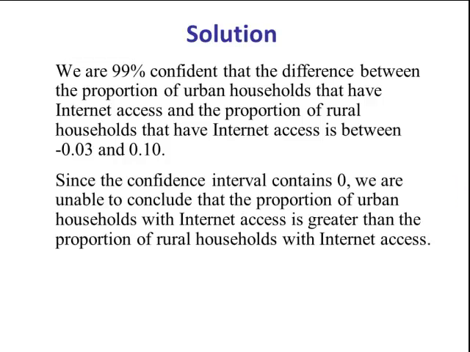Now really what that tells us is, since the confidence interval contains 0 as a possible answer, it suggests that the population proportions can be equal, and we are unable to conclude that the proportion of urban households with internet access is greater than the proportion of rural households with internet access. There's no statistically significant difference.